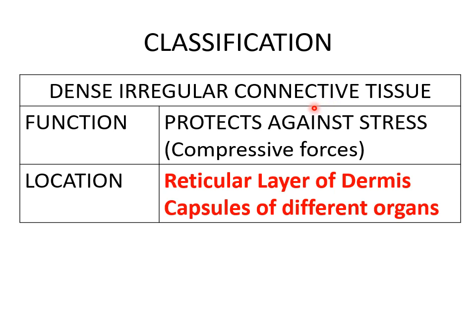And another location for this type of connective tissue is found in the capsules of different organs such as in liver, kidneys, and even in your eyes.